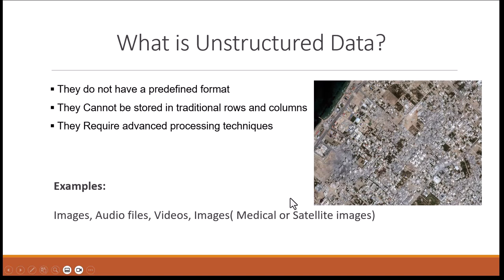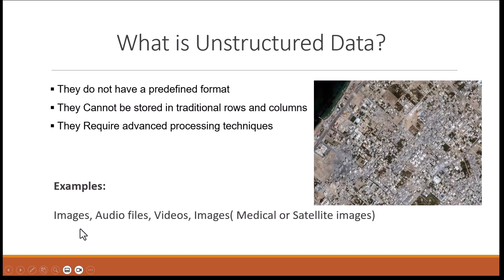What is unstructured data and what is the difference between unstructured data and structured data? Unlike structured data, unstructured data do not have any predefined format, and they cannot be stored in rows and columns.